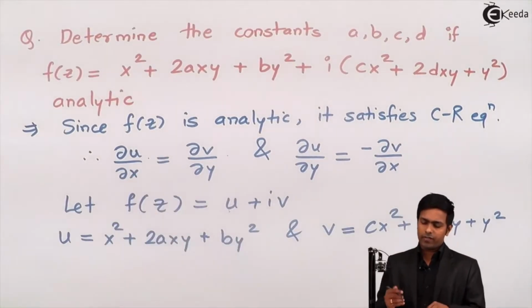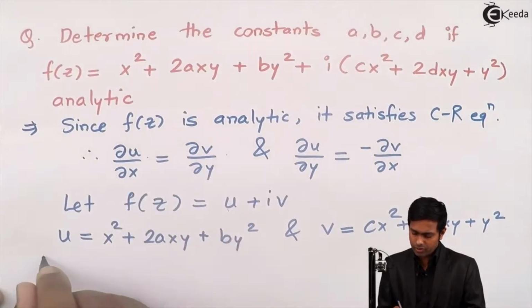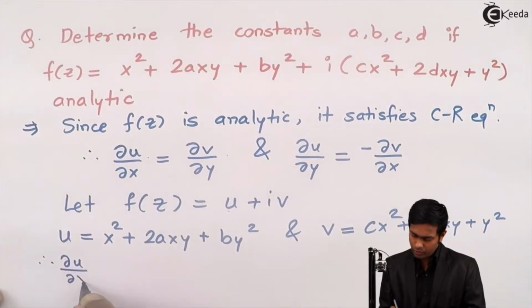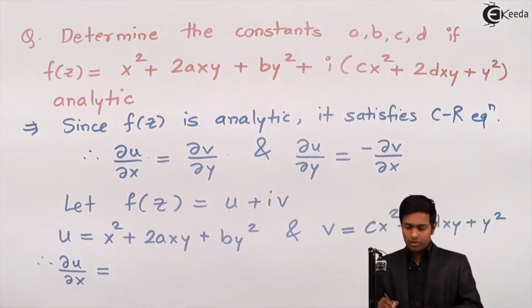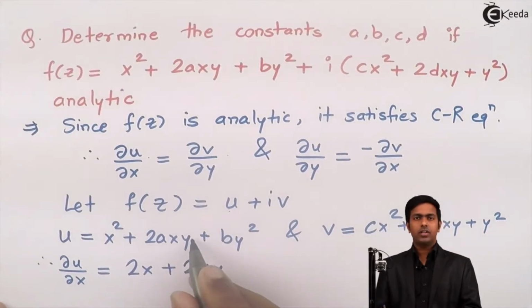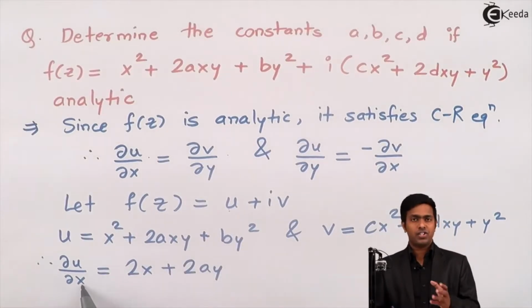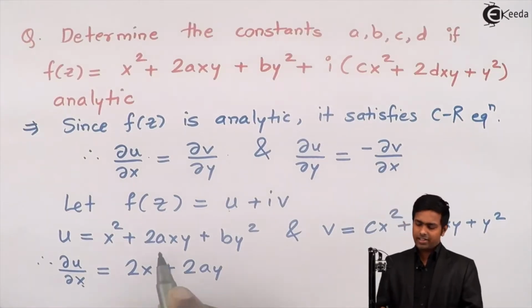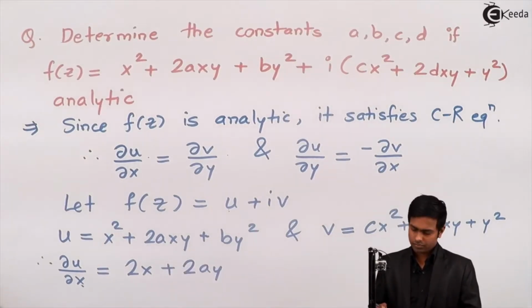Now let's find the values. What is ∂u/∂x? Here we will get 2x, next 2 constant, a constant, y constant, because we are differentiating partially with respect to x and the derivative of x is 1.